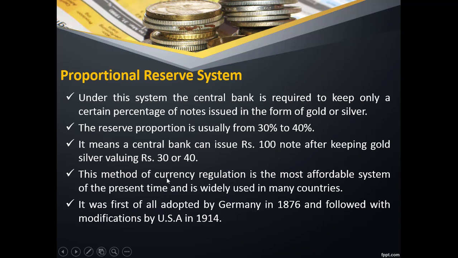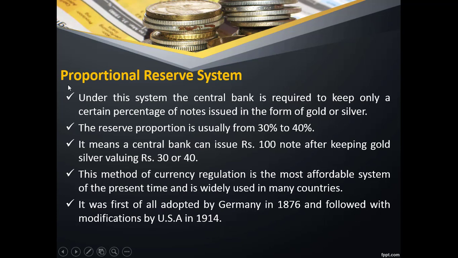Guys, this method of currency regulation is the most affordable system of the present time, and it is widely used in many countries. It was first adopted in Germany in 1876, and this method was adopted by USA in 1914.